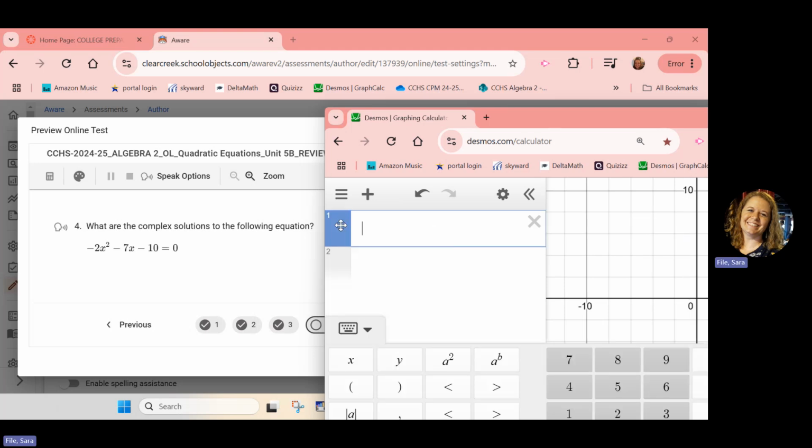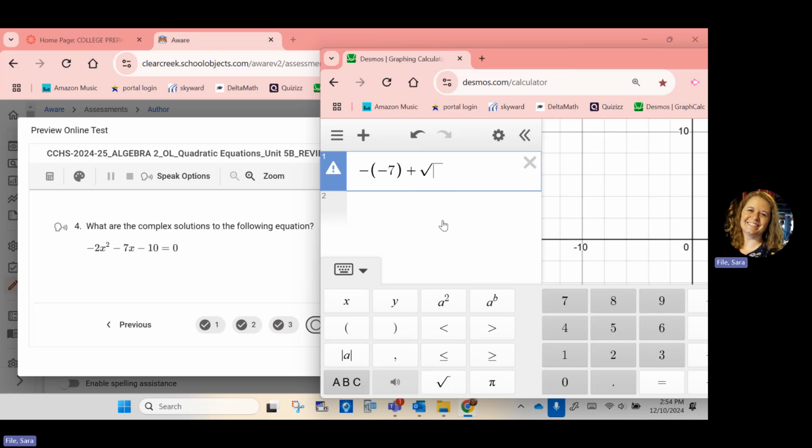Okay, so remember it's going to be -b. Now our b is negative. So -7 if you're actually writing that down. Now it's going to come out to +7, but know that you're plugging in a negative. There's a negative in the formula, so that's what negates to just a +7. And then you'll have your plus or minus, your square root, and then it'll be b squared -4, and then our a is -2, and then our c is -10.